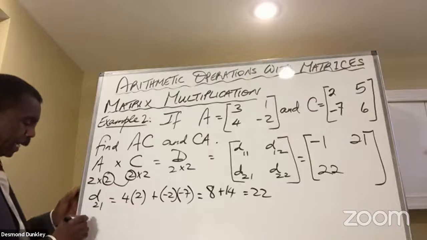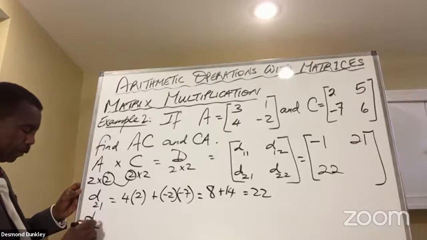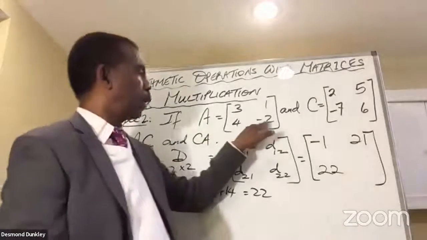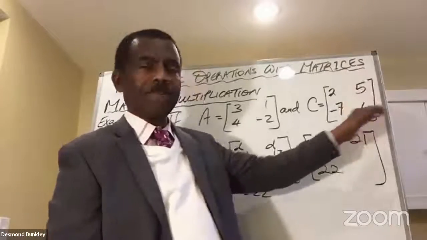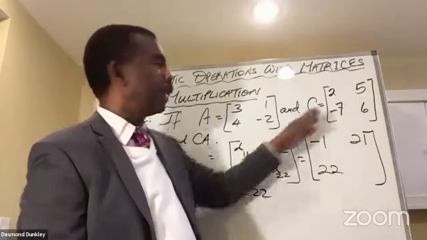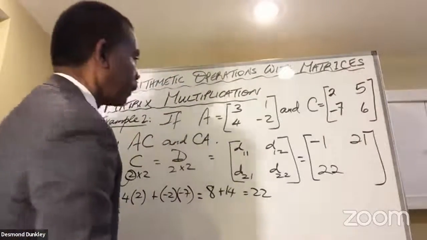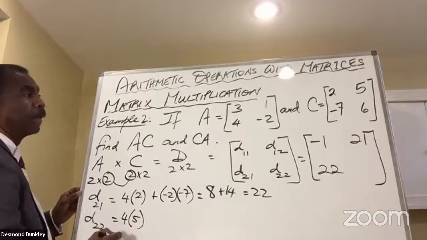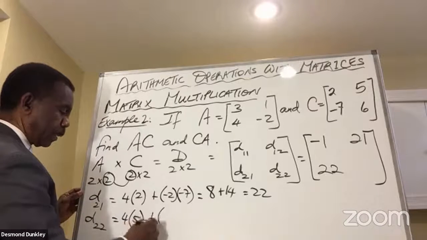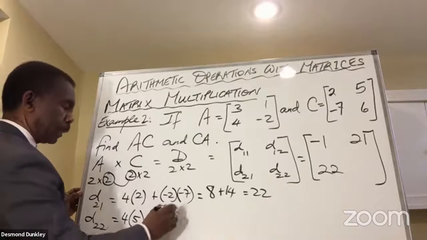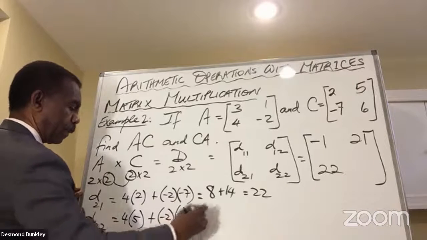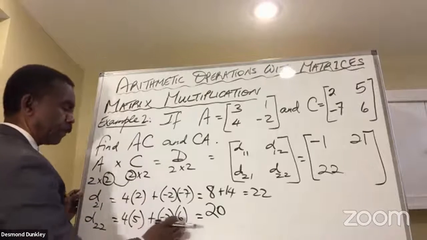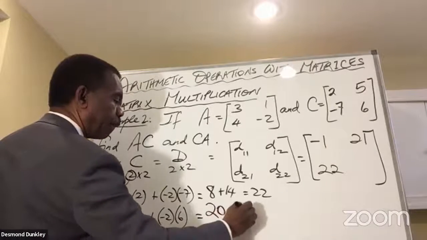And then we go to the last entry, the second row, second column. So it's going to be 4 times 5 plus negative 2 times 6. 4 times 5 is 20. Negative 2 times 6 is negative 12.